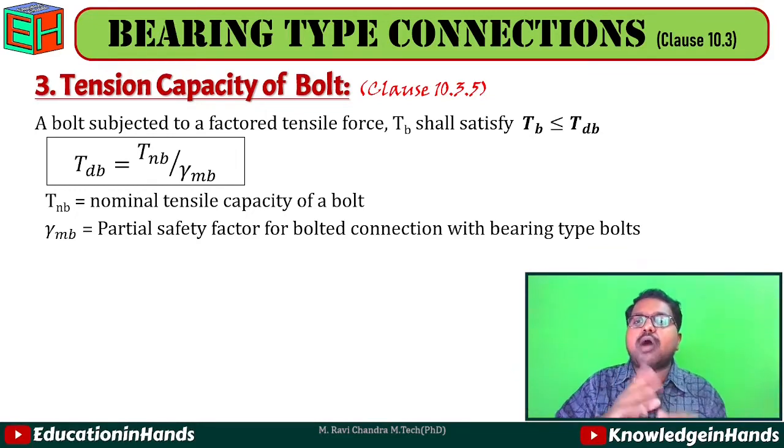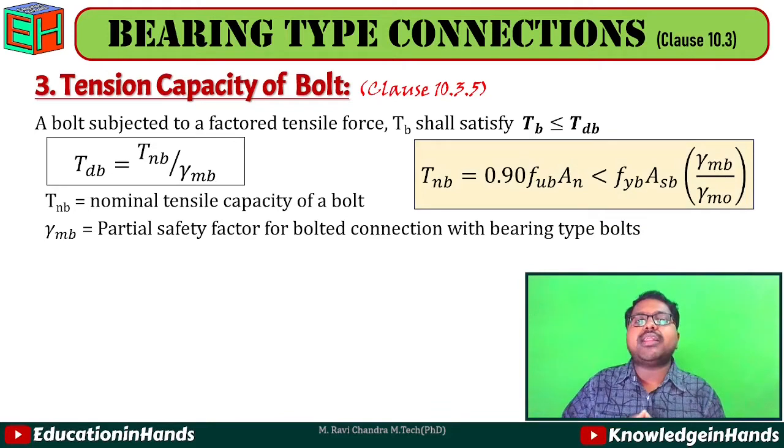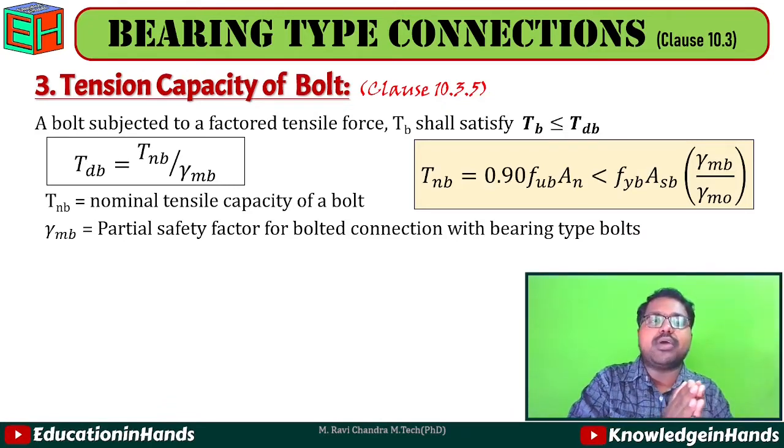To calculate TNB, it is given in clause 10.3.5 as TNB equals 0.9 FUB AN, and it should be less than FYB into ASB into gamma MB by gamma M0. We need to satisfy this condition, otherwise we can take the value of 0.9 into FUB into AN.